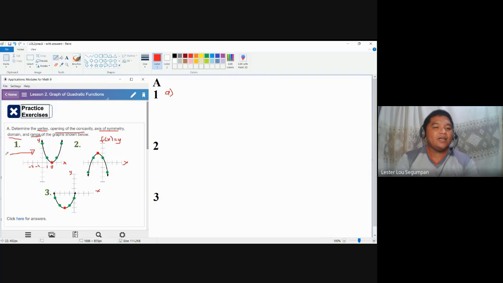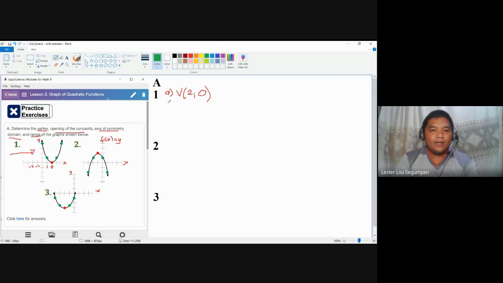But moving left to right, it goes down, and at this point it changes its direction, and as you move further from left to right, it goes up. This point is what we call the turning point and the vertex. So the vertex for this graph is 2 and 0.